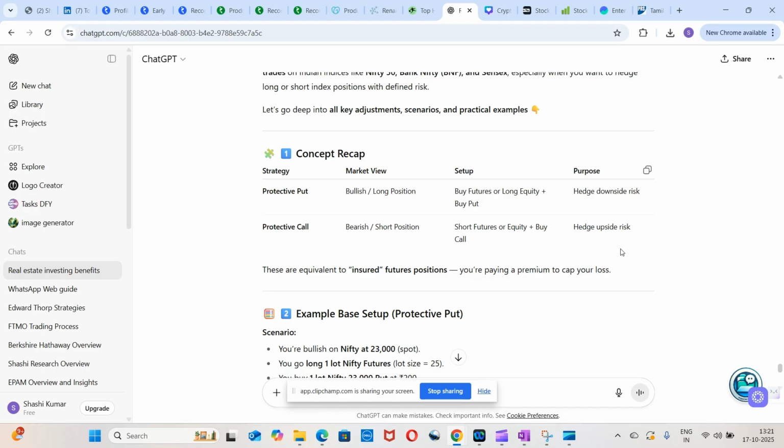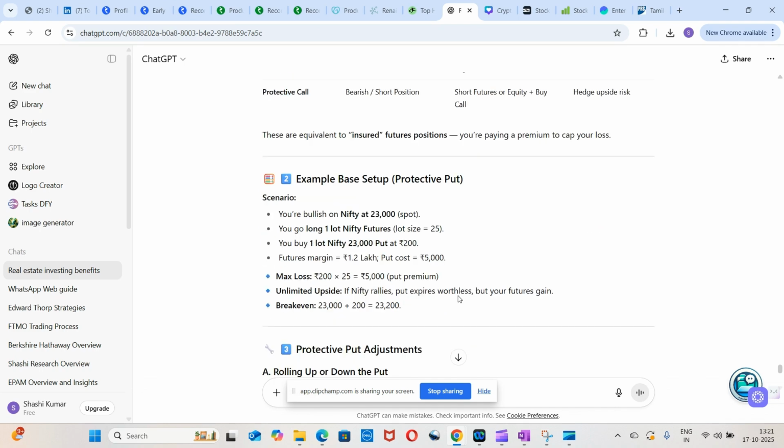Okay, so these two are equivalent to an insured futures position. If you're insuring your futures positions and you are paying a premium to cap your loss, it's like insurance for your futures position, so that you hedge yourself against unlimited risk, and you cap your risk to a defined risk.